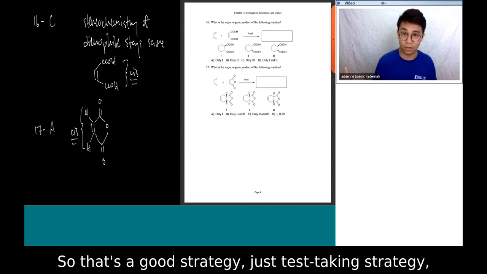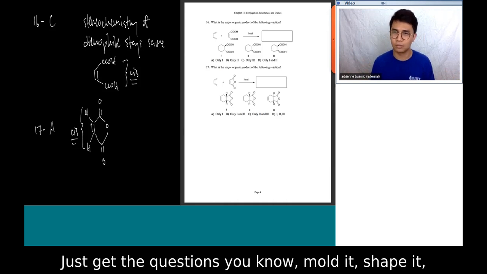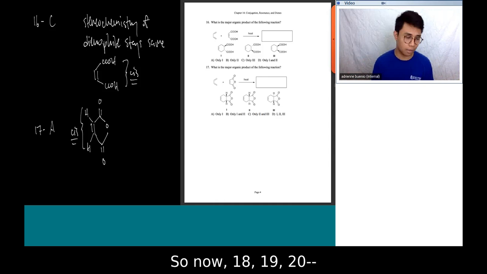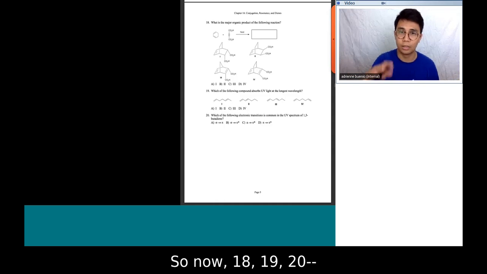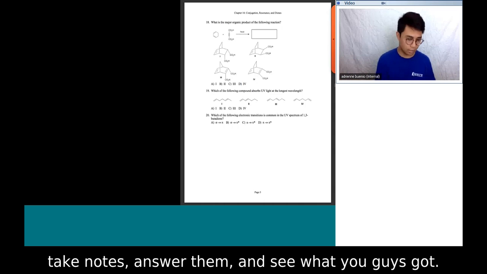So that's a good test taking strategy, or studying strategy, I guess. Just get the questions, mold it, shape it, do whatever you want, and practice with that. Now, 18, 19, 20. So take a couple of minutes, screenshot, take notes, answer them, and see what you guys got.